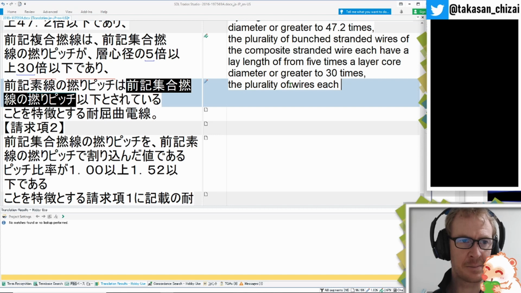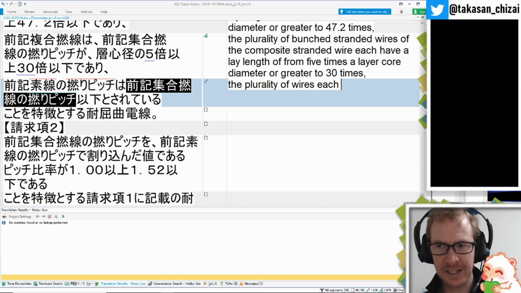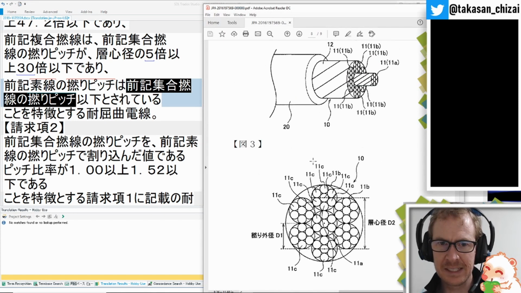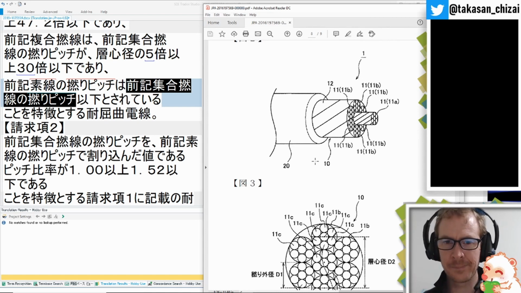I'm just thinking, I guess it's each. It'd have to be each, right? Just thinking, to have a lay length or the pitch, is it weird saying just one wire has this lay length? It is weird because these wires are twisted together.